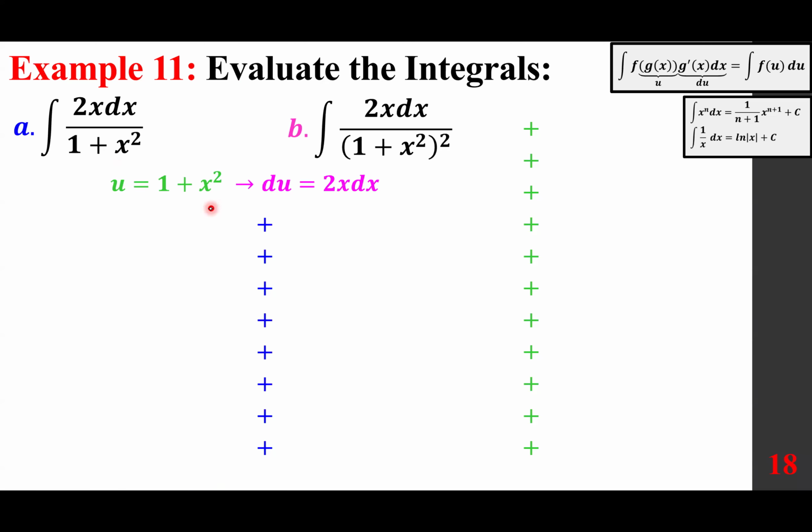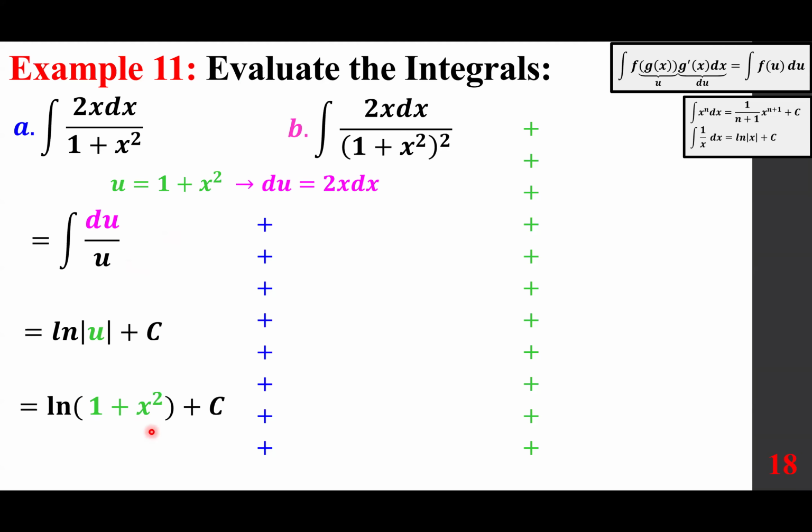So let's rewrite it so it becomes clear to everybody that the integral of du over u follows a natural log, and we're going to replace the u with 1 plus x squared. And because 1 plus x squared is always greater than or equal to 1, you can lose the absolute value and use parentheses and you're done.